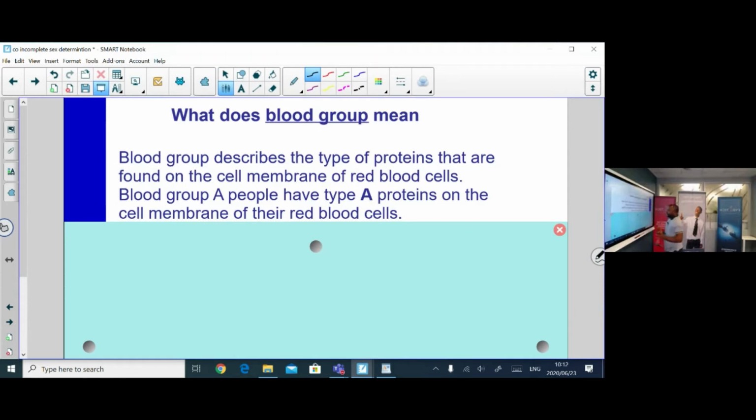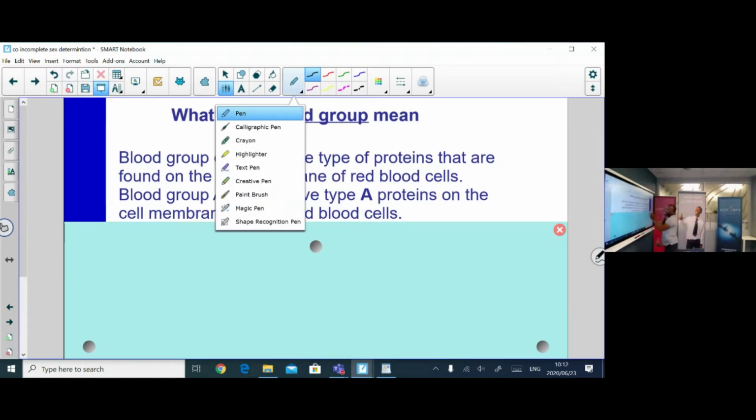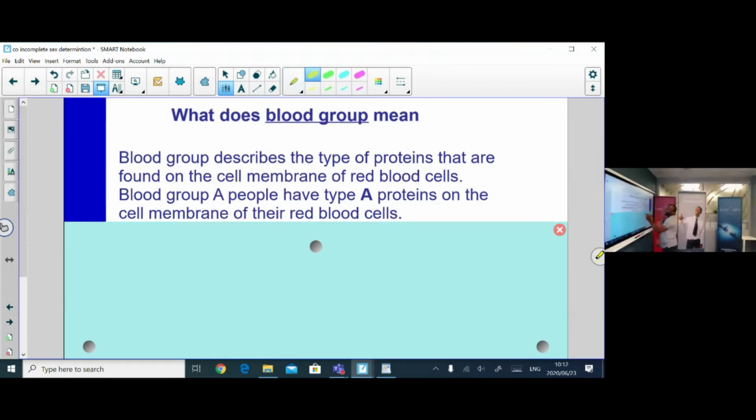So the difference that brings about people of blood group A is that you've got type A proteins on the cell membrane of their red blood cells. The membrane that is surrounding the outside of animal cells, the outside is the cell membrane and not the cell wall. So the cell membrane is surrounded by the type of protein that we call type A. The same applies to B. You should tell me.